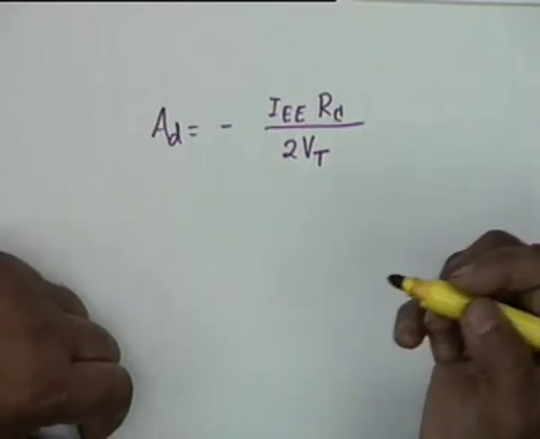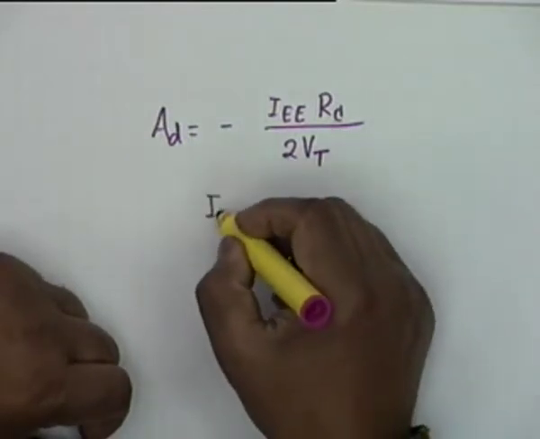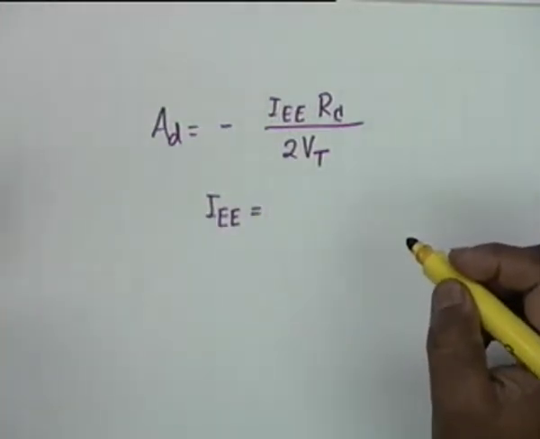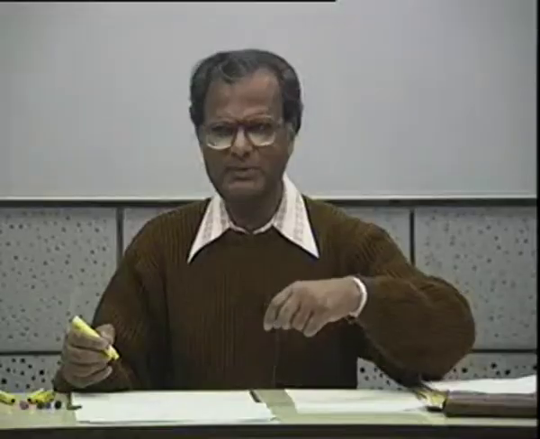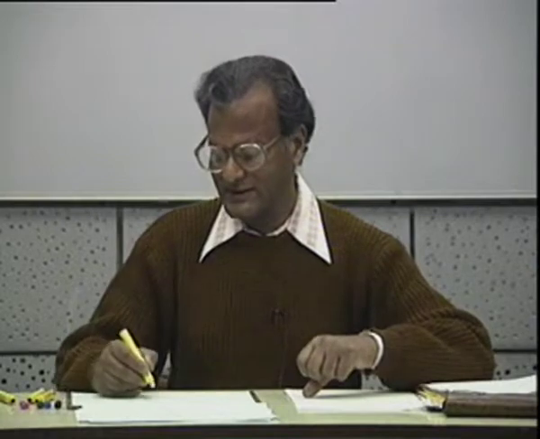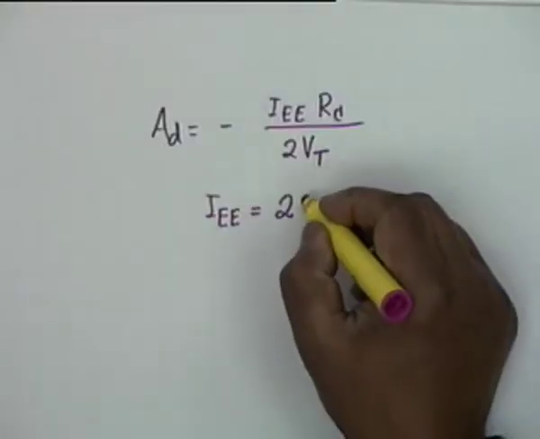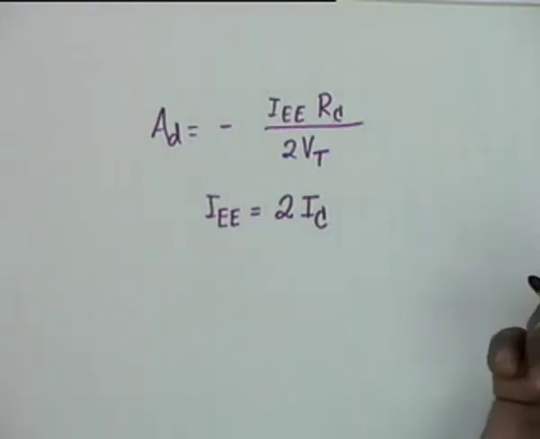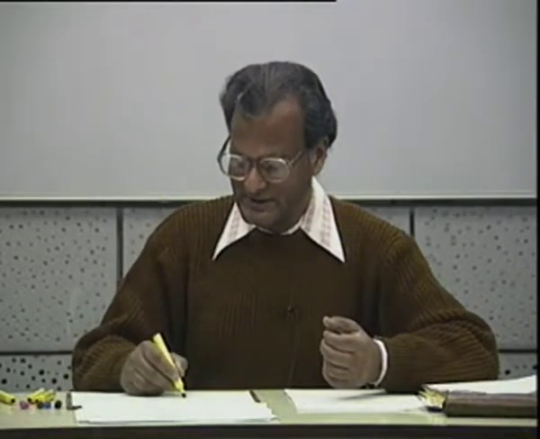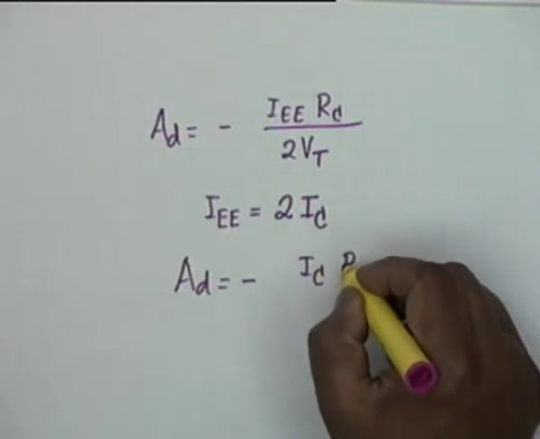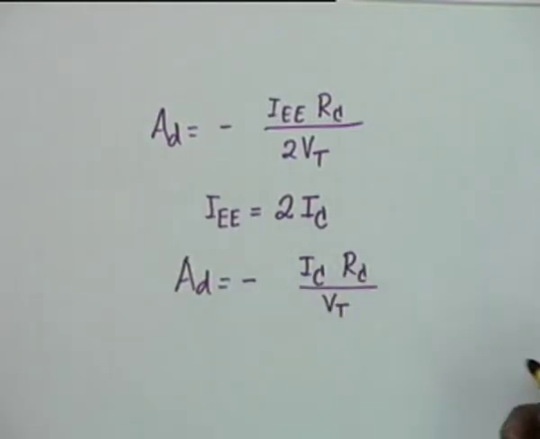If you recall the circuit of a differential amplifier, I sub EE is IE1 plus IE2, the two emitter currents, and since beta was assumed to be very large, the emitter currents are approximately equal to the collector currents, therefore this is twice I sub C. IC1 and IC2 are identically biased, so there is no reason why the current should be different. And if I substitute this, then I get AD equal to minus I sub C R sub C divided by VT.